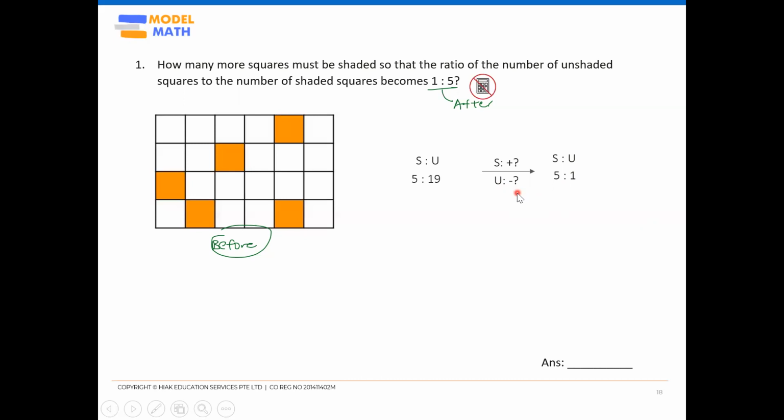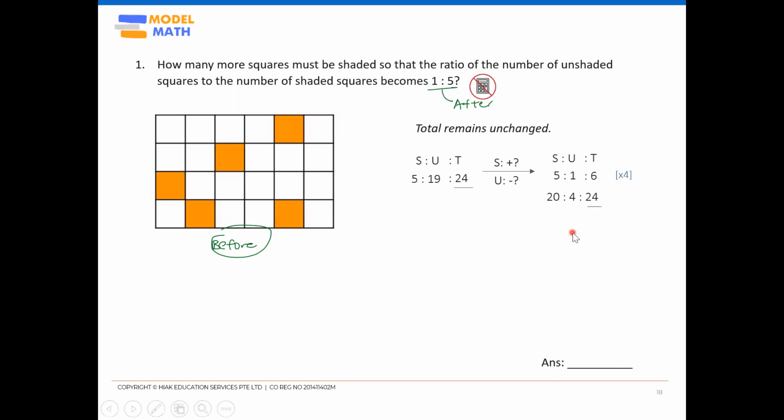And what about the total? Think about it. Your total will be the same because I'm using the same blocks over here to do my before-change-after. So my total squares will not change in the before and the after. So total remains unchanged. Let's include the category total. Don't forget to make them the same multiple and underline your common base.